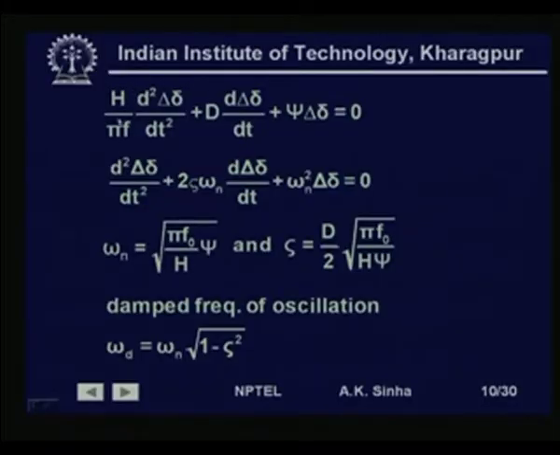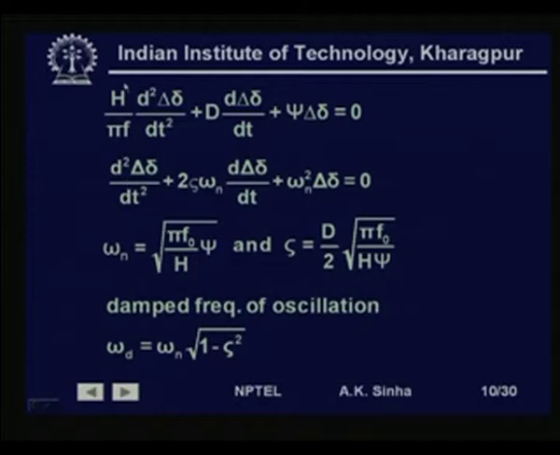Let us go back to the small disturbances. So, writing the linearized swing equation, M d2 delta by dt2 plus D d delta by dt plus psi delta delta. We are replacing M by H by pi f as we had seen earlier, that is, instead of M, the angular momentum, we write in terms of inertia constant.